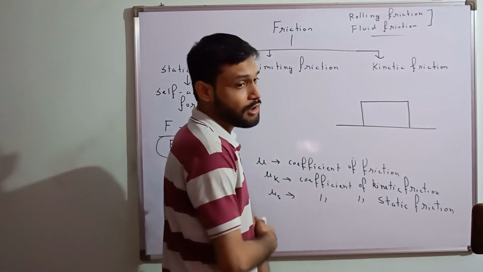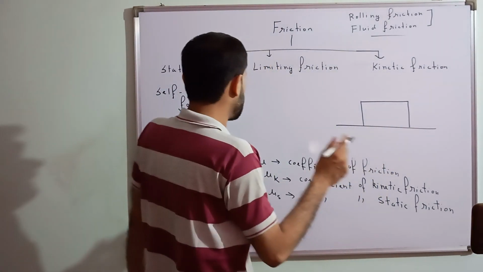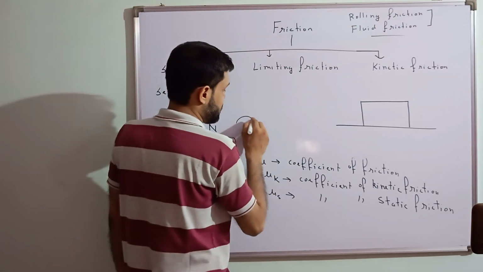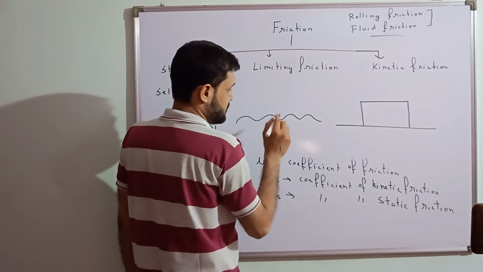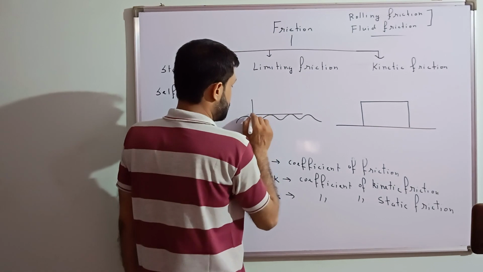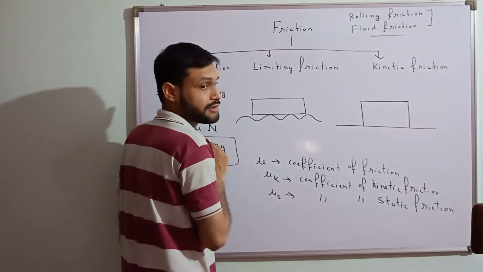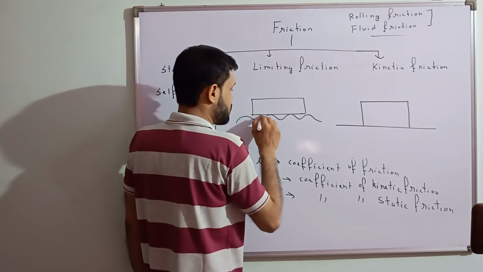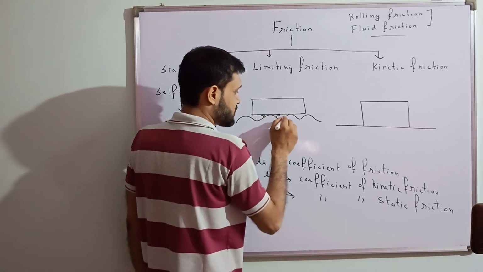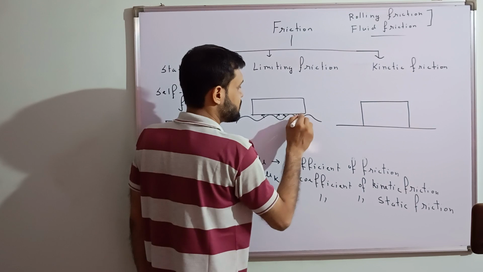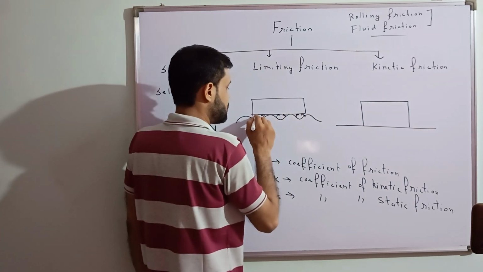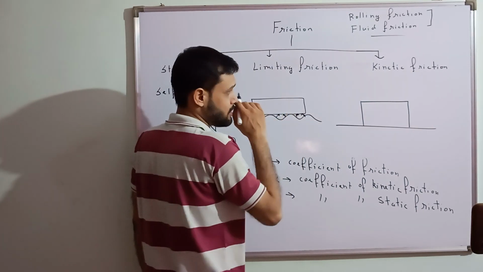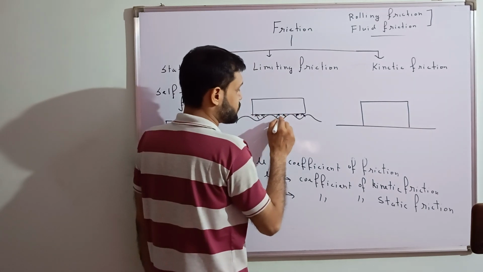Basically, friction is the horizontal component of contact force. You know this? Suppose any surface is there, and on this surface some block is kept like this. This surface is going to apply forces like this. The forces can be in any direction, isn't it? Let's say these are all contact forces.